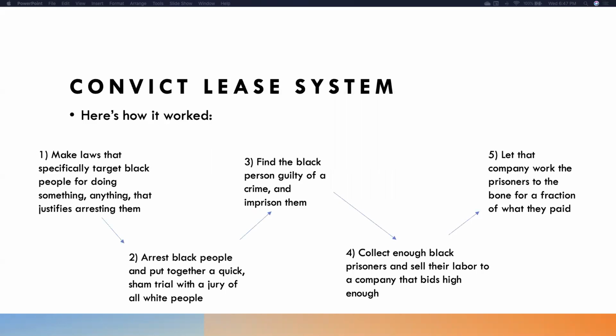Under the convict lease system, it doesn't matter if you work that person to death, because there's going to be someone else who can replace them, right? So the labor in the chain gangs was far more brutal than what it was under slavery, because these people just didn't care anymore. There was no financial repercussion on them if they worked a prisoner to death, like it would be if they had worked a slave to death. It's some really messed up stuff.